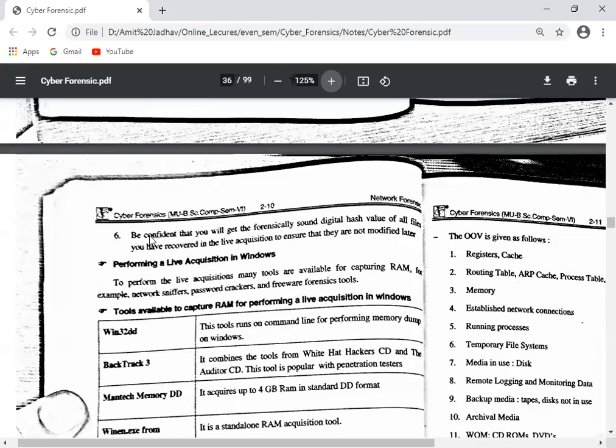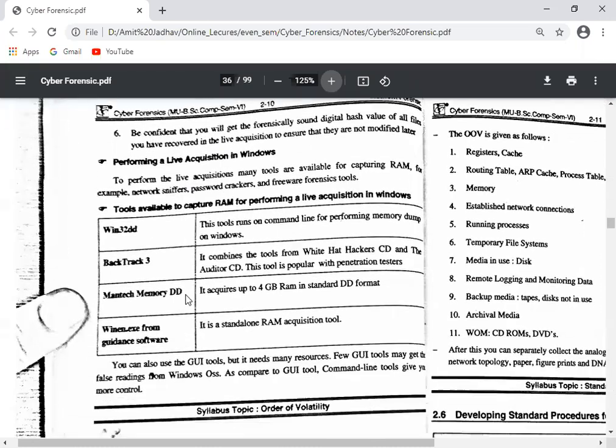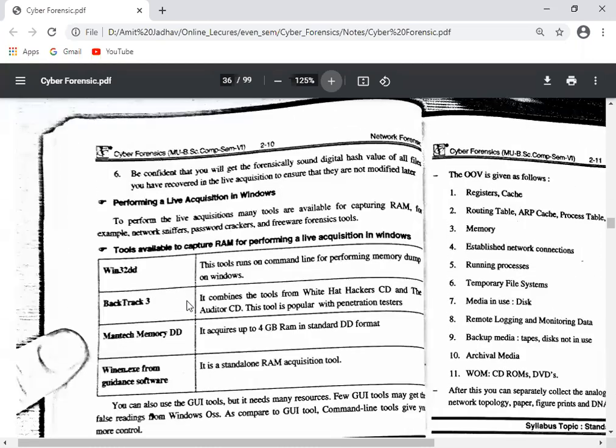Okay, so after performing the live acquisition we recover our data. These are some tools that are used to perform live acquisition in Windows. Generally, it is performed by capturing the RAM.